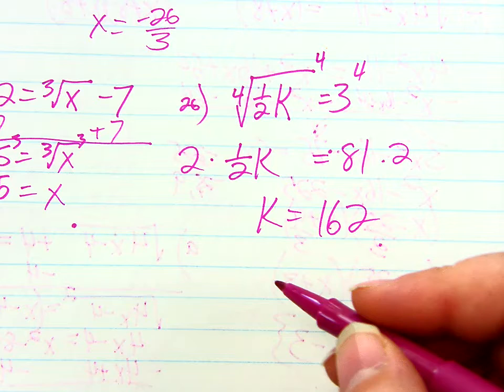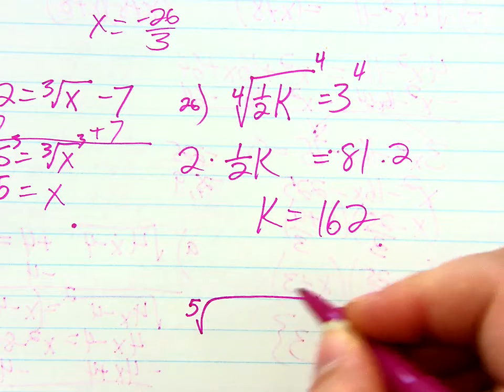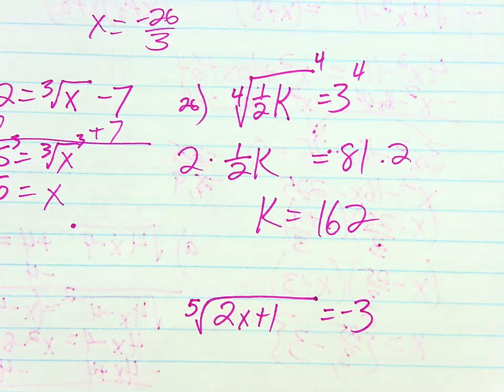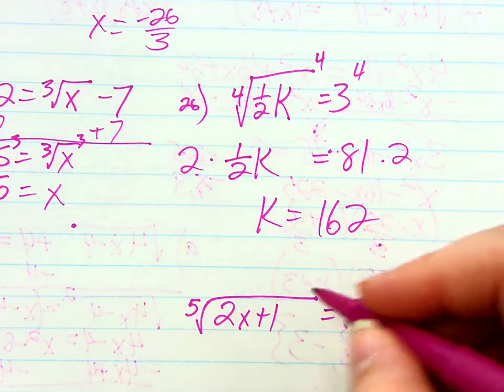Let's do 30. If you can't read it, it's the 5th root of 2x plus 1 equals -3. Radical's by itself, hooray. So all I have to do is raise both sides to the 5th power.